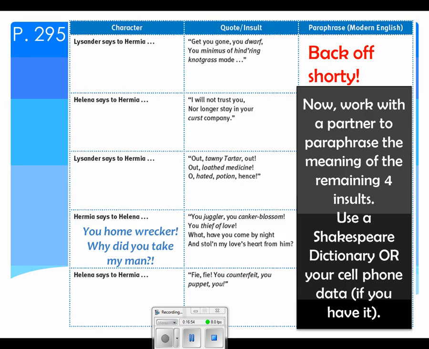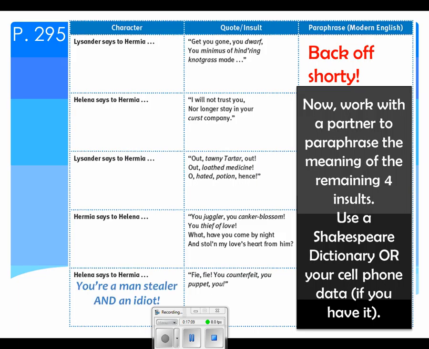Well, Helena fights back, and she gives her own words. So someone who calls another one a homewrecker, well, that's not going to go over very well. So Helena fights back, saying that you're a man stealer, you're also an idiot. It's insult, insult, insult, back and forth.